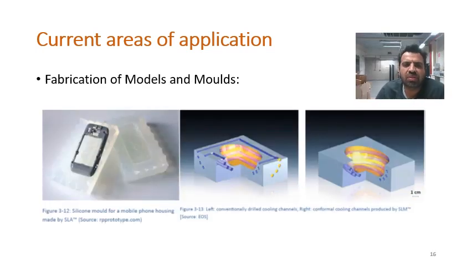Fabrication of models and molds is another established area for additive manufacturing technology. Initially, AM was used to produce models which were a replica of the part to be manufactured. These models were used to make molds of sand or silicone, and then these molds were used to fabricate the final parts.